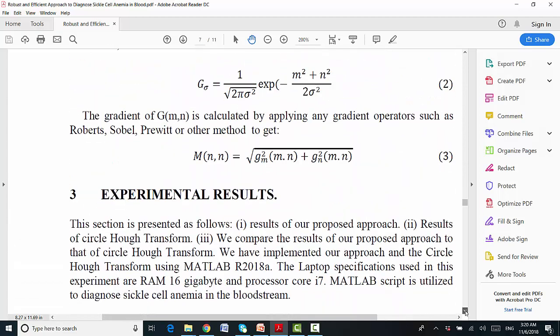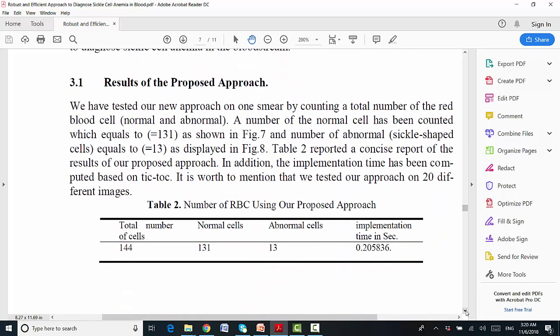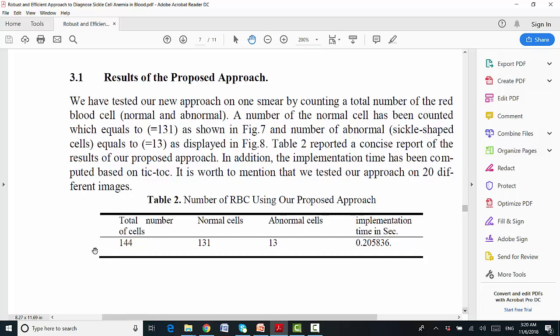Here, if you see the experimental result for our approach, the total number of cells is 144, the number of normal cells 131, the number of abnormal cells 113.